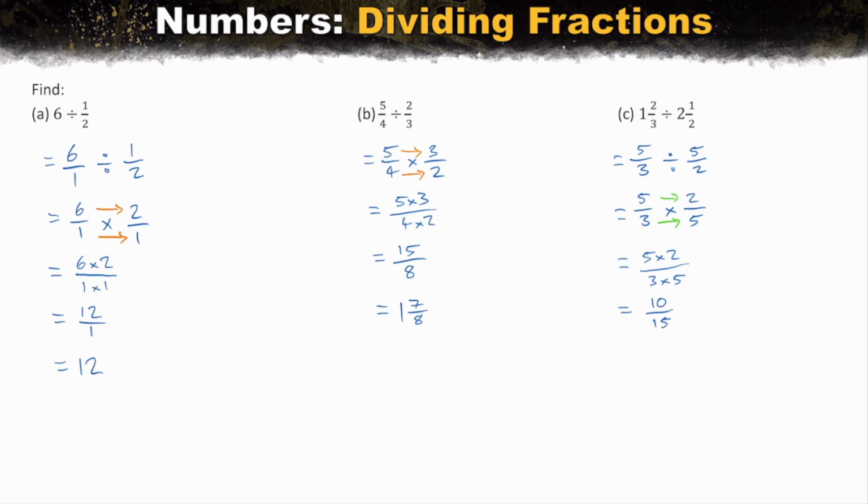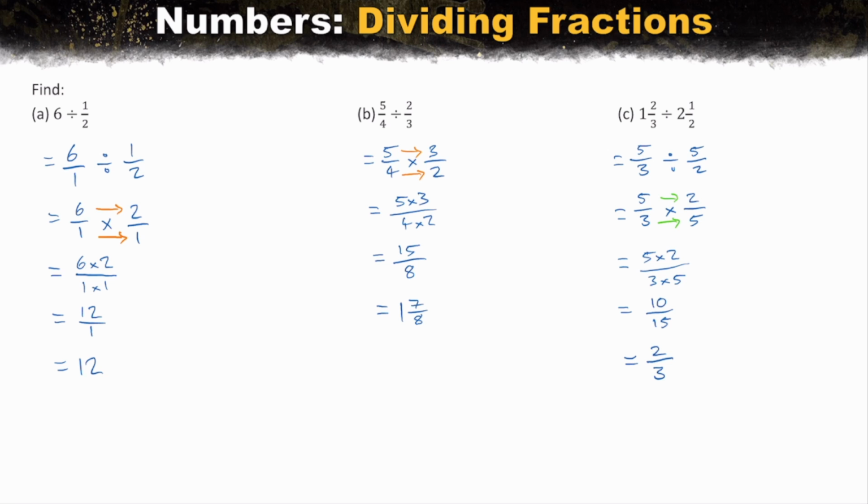And this one here, I can actually simplify. I should simplify anytime I notice this, because 10 and 15 both divide by 5. So 10 divides by 5 twice, 15 divides by 5 three times. So this multiplication problem ends up equaling 2/3.